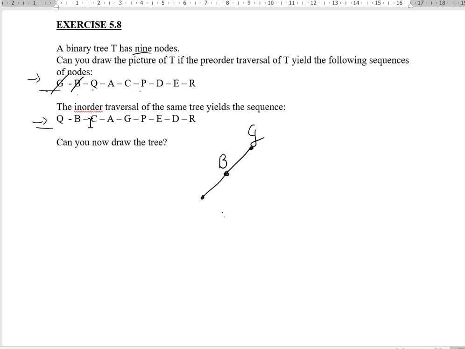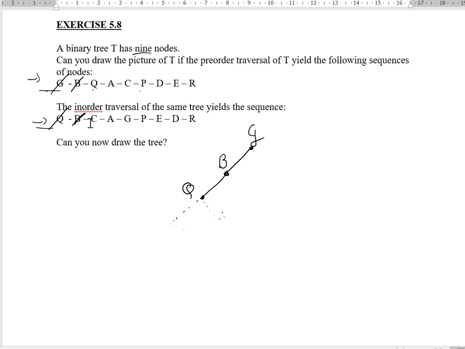So that means we have now Q as a left tree, but because it's also visible in the in-order, this Q itself doesn't have a left tree, because in-order processing is left tree, root, right tree. So the left tree of Q is empty. Then we see B in the in-order, so that means the right tree is also empty because the next one in the in-order traversal is B.